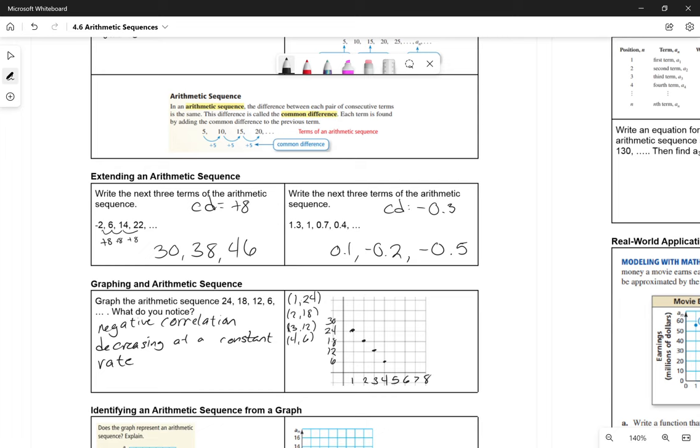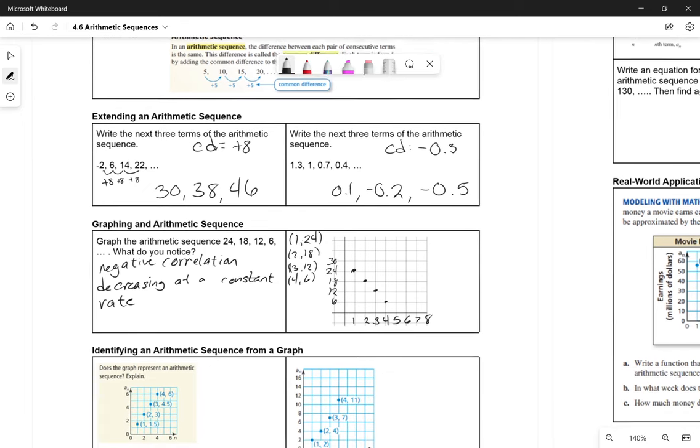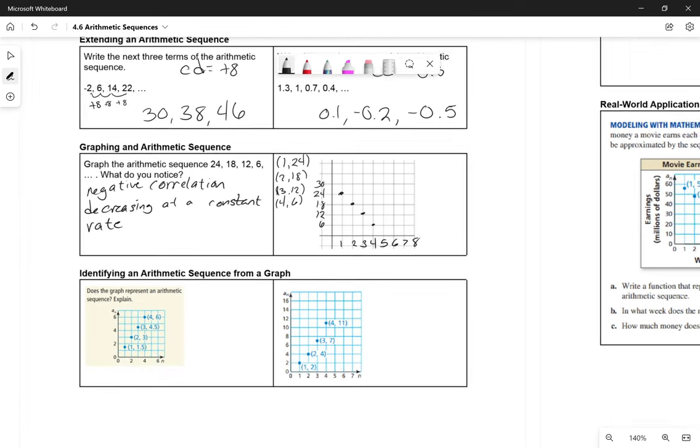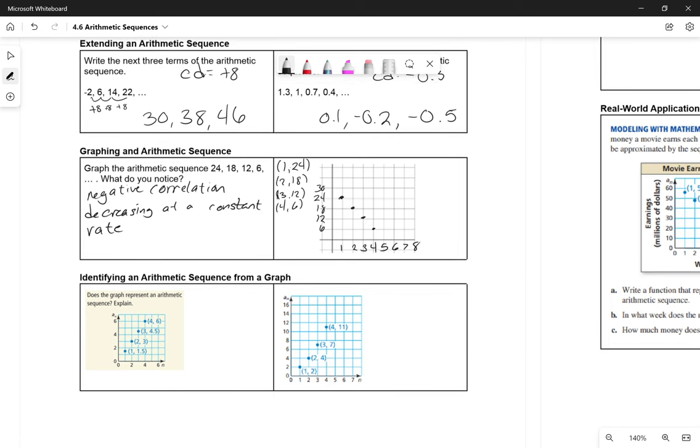Now we're going to see if we can identify an arithmetic sequence from the graph. We're going to look at our first one and see if it represents an arithmetic sequence. First, we take a look at our x values. I can see that our x values are increasing by 1.